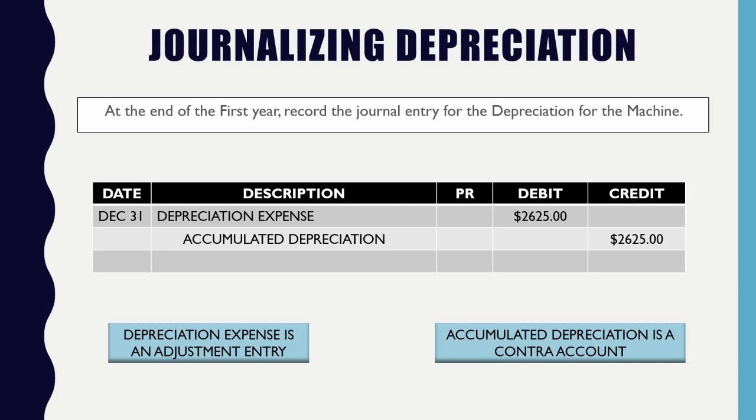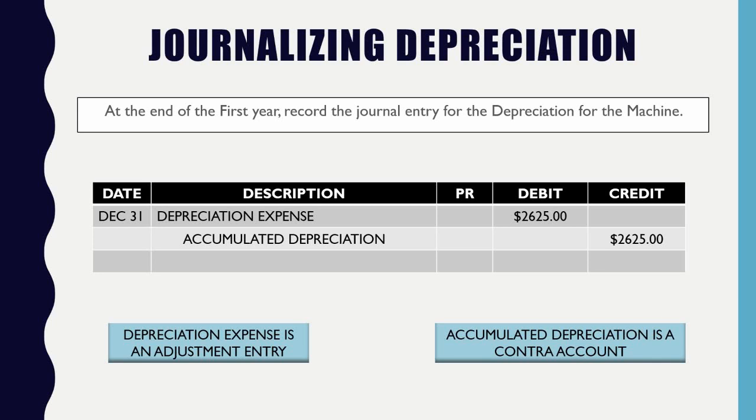In your books, if you break it down, you have the historical cost value of the fixed asset, and then your contra account to give you your total book value. So in this case, that's exactly what I'm going to have here. I have $2,625.